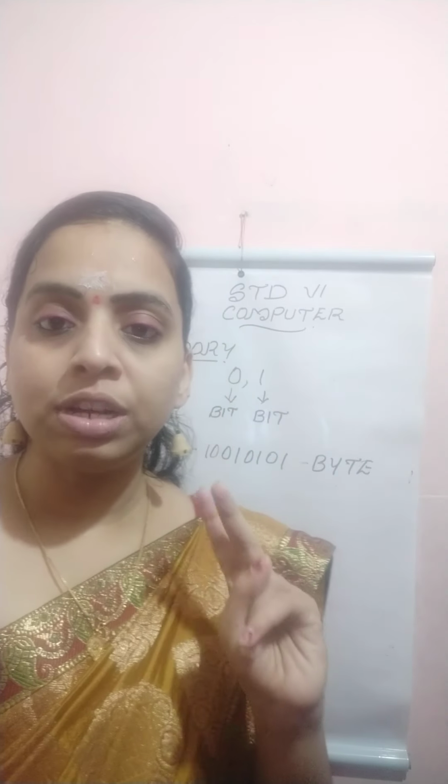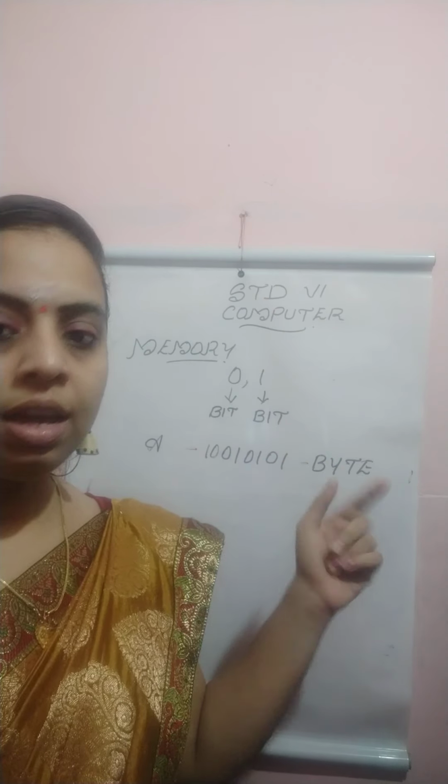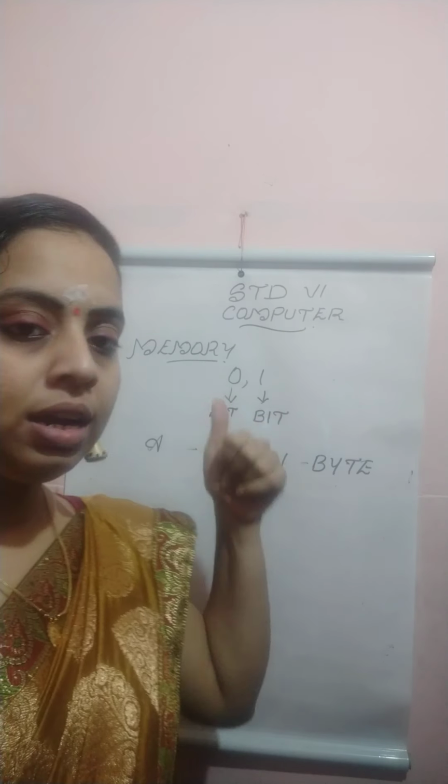So understand this, computer language uses only zeros and ones for its communication and so it is known as binary. Binary means 2. Only 2 letters they are using for its language. That's why this language is known as binary language. And those 2 letters or 2 numbers are 0 and 1. The 0 is a bit, 1 is a bit.